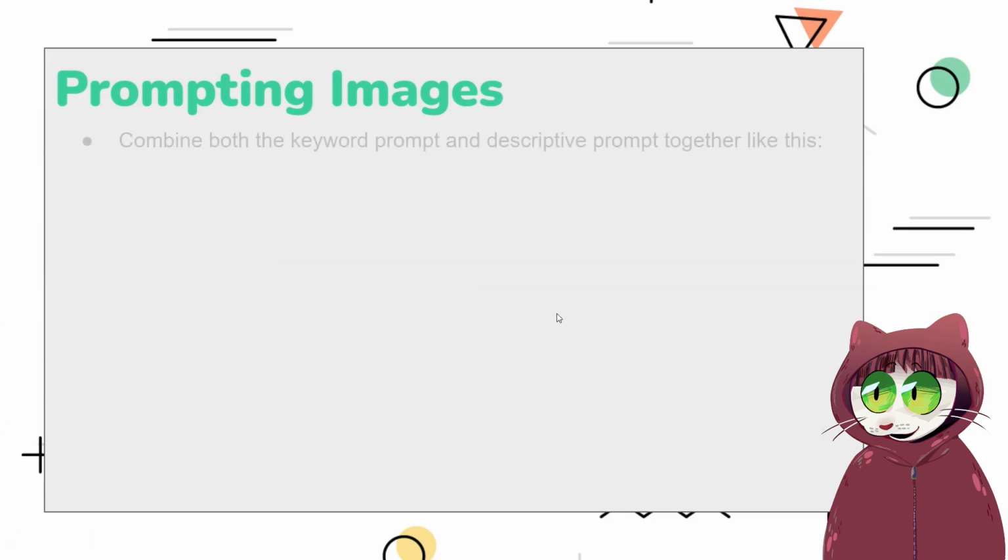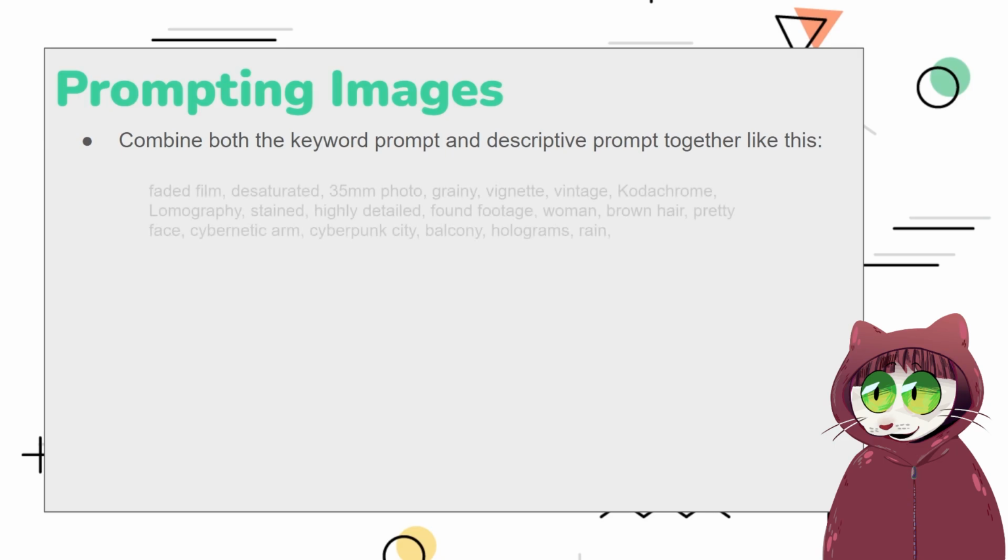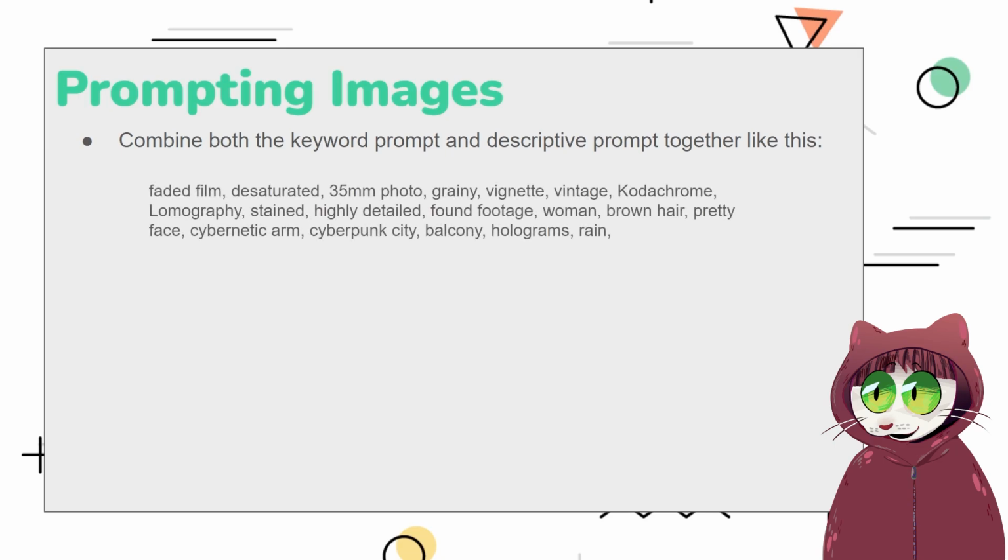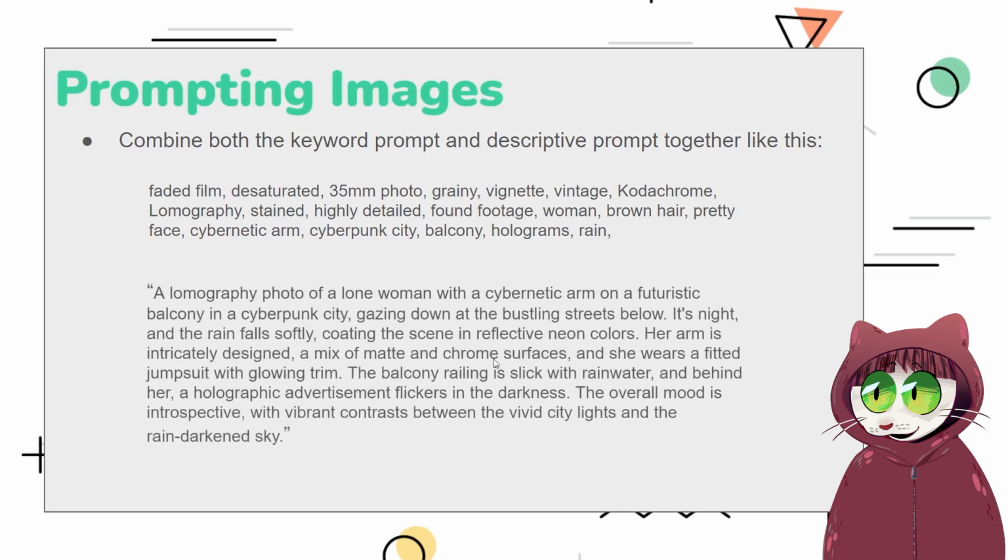Well, the general advice out there is you should combine both the keyword prompt and descriptive prompt together in this format. So you'd start off with a list of keywords relevant to the image you want to create, and then you would follow that with an actual verbose descriptive paragraph that explains the context of the image.